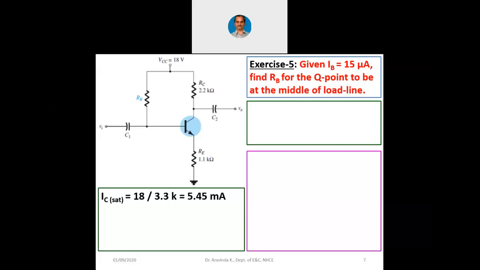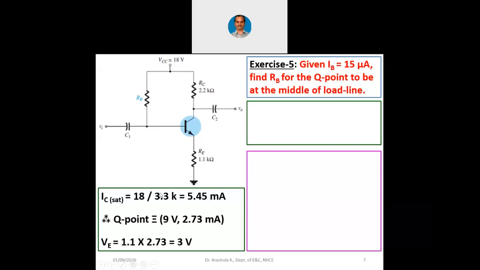So naturally ICQ will be 5.45 milliampere divided by 2. Therefore the Q point is 9 volts. Q point ideally must be VCC by 2. So 18 volts divided by 2 is 9 volts. 5.45 milliampere divided by 2 is 2.73 milliampere. So Q point is found out. IC is found out now.